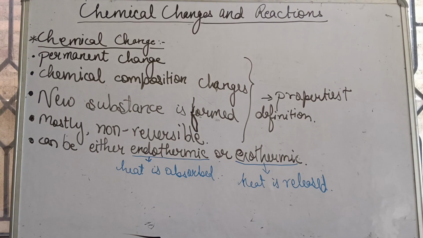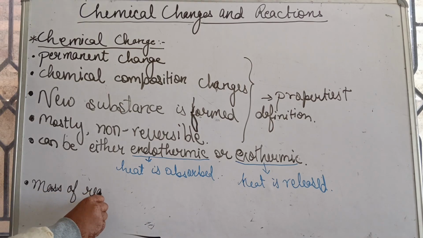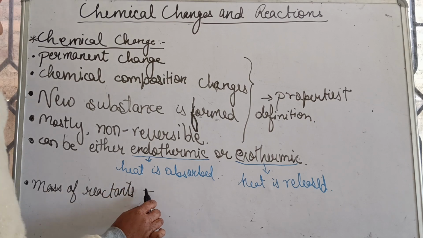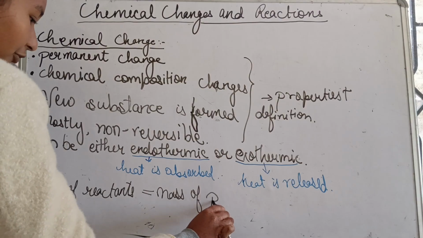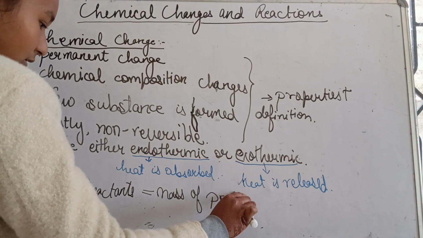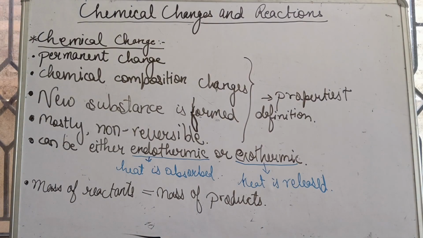The next property is that the mass of reactants is equal to the mass of products. Now, what are these reactants and products?